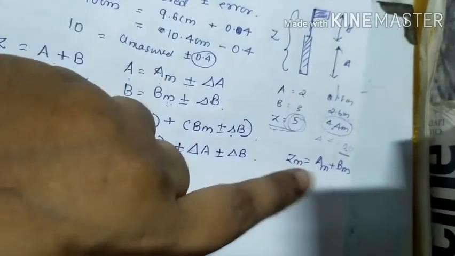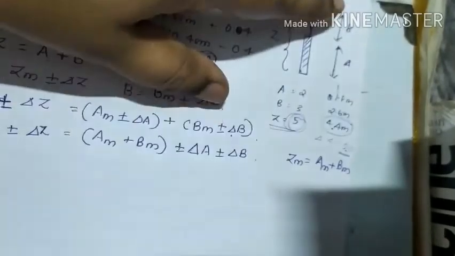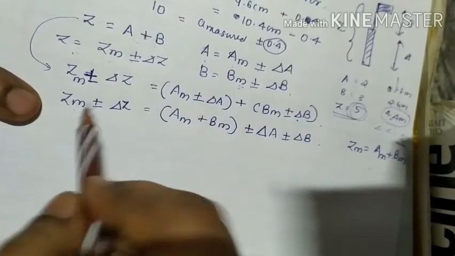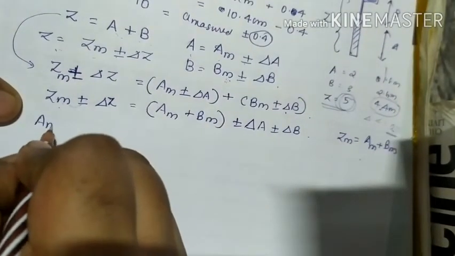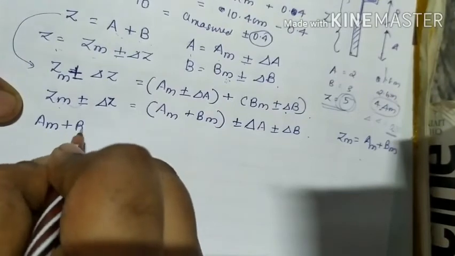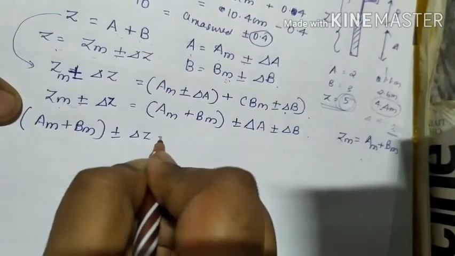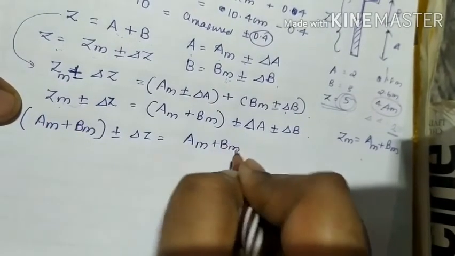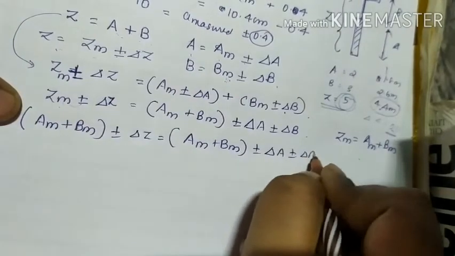So here in place of ZM, I'm going to write AM plus BM plus or minus delta Z is equal to AM plus BM plus or minus delta A plus or minus delta B.